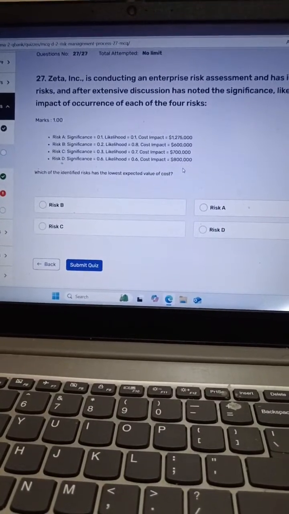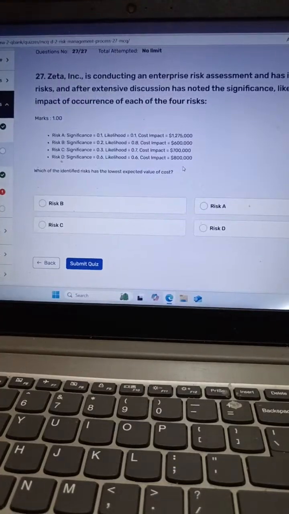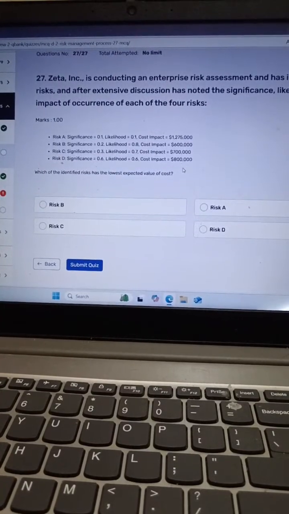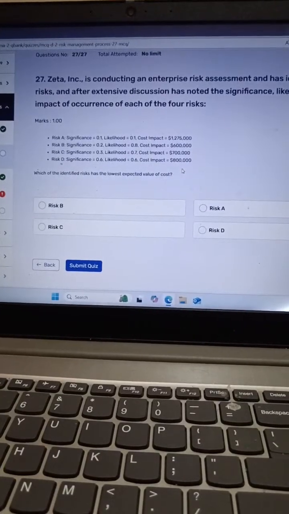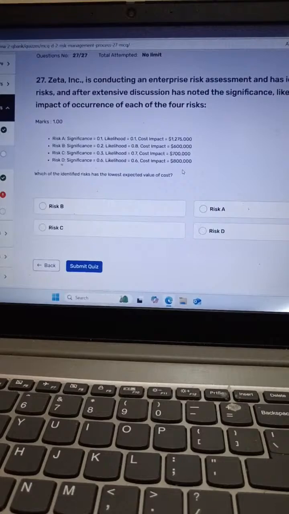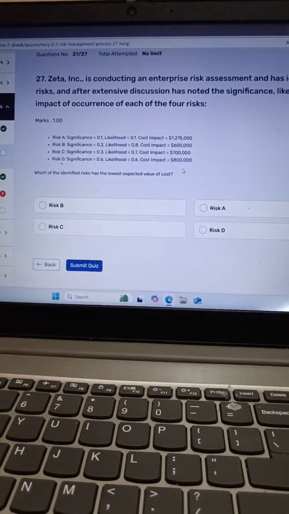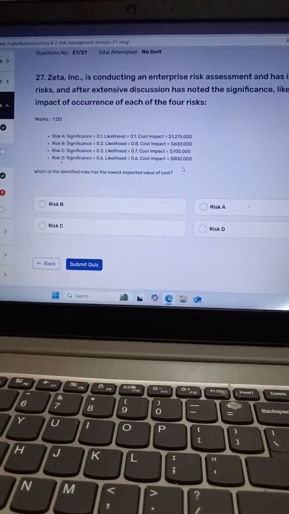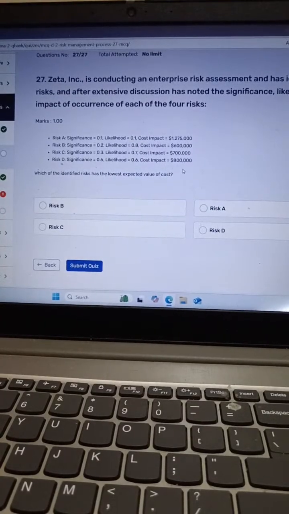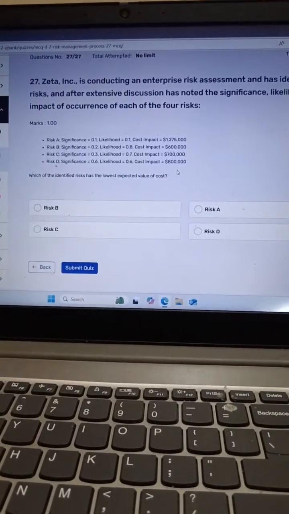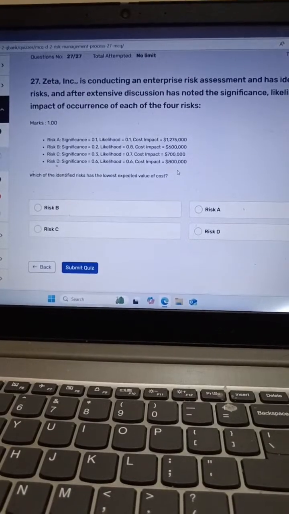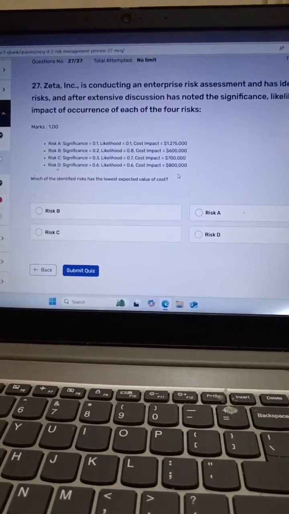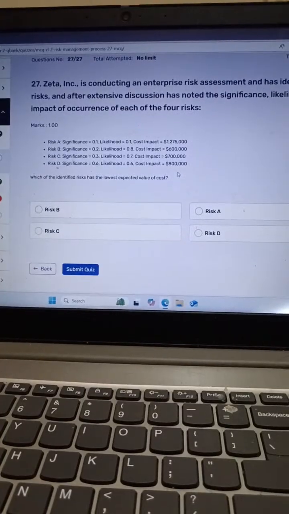This is also the same. Earlier we also calculated the same type: 1 multiplied by 1 multiplied by 127,500 means 12,000. And 0.2 multiplied by 0.8 multiplied by 6 lakh is 96,000.